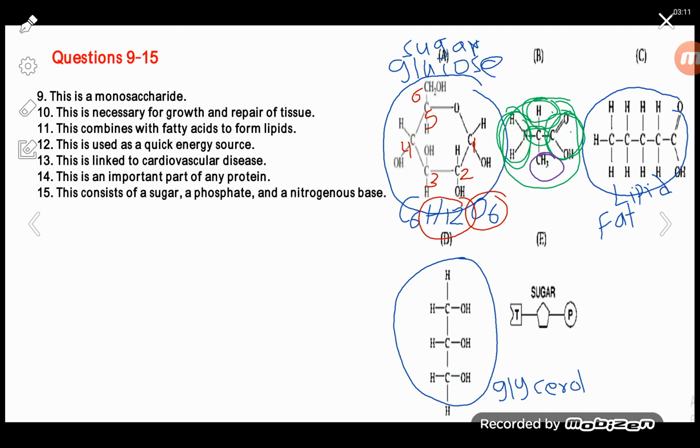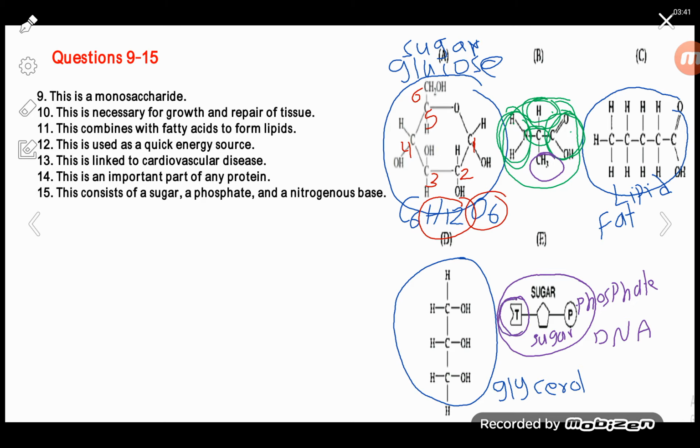So what about this one? This is the structure of DNA. You know that DNA is made up of sugar molecules. This is sugar, and this is phosphate, and this is the nitrogen base, guys.